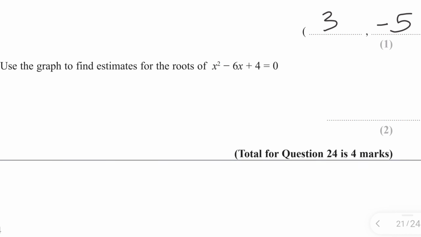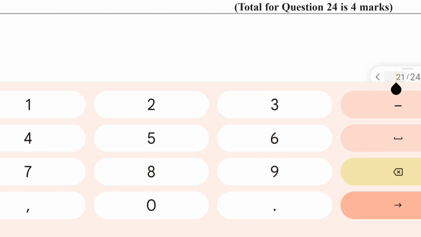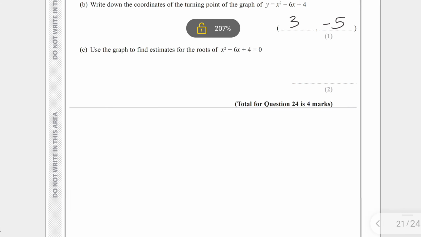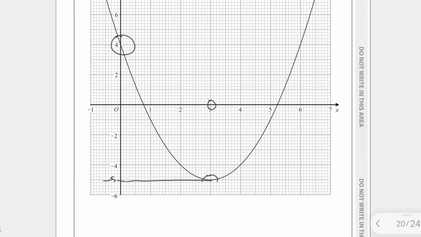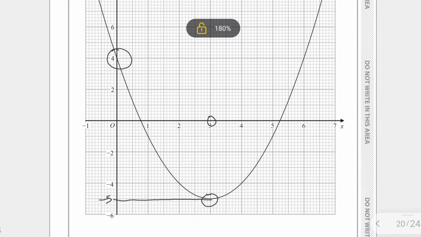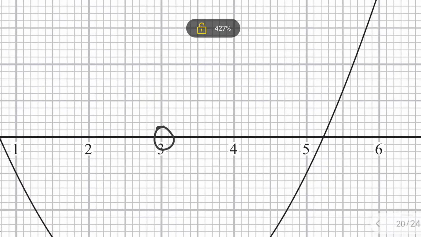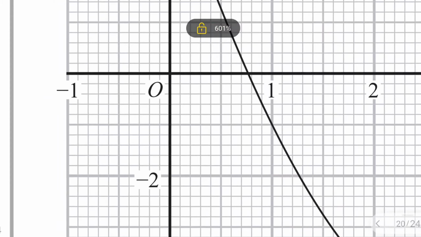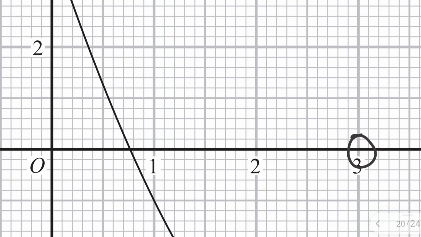And use the graph to find the estimate for the roots of x squared minus 6x plus 4 equals 0. So using the graph, the root of this graph is the point at which it cuts the x-axis. So by zooming in properly, we can see from here, this is 0.5.